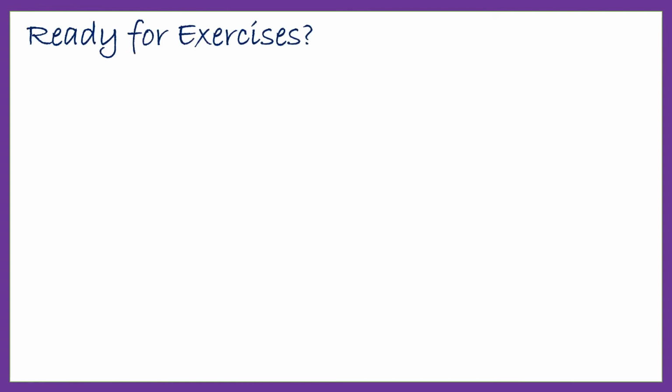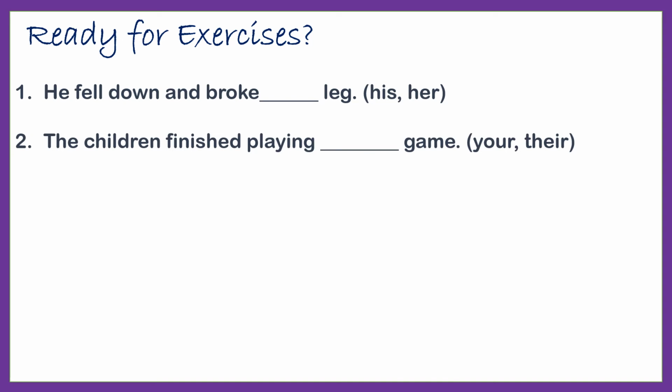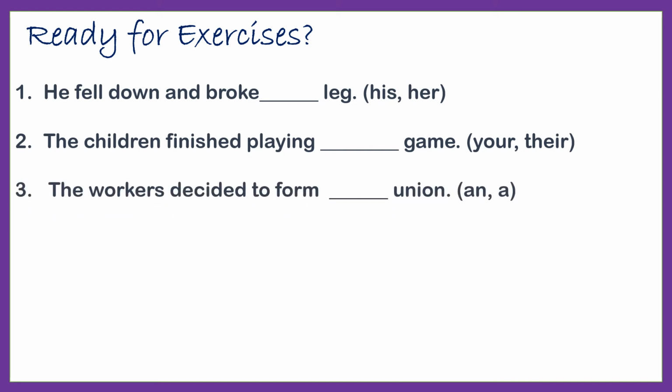We will answer a gap filling exercise now to test our understanding. First question, he fell down and broke dash leg. Two choices are given. Second, the children finished playing dash game. Choices. The workers decided to form dash union. Two choices are given.